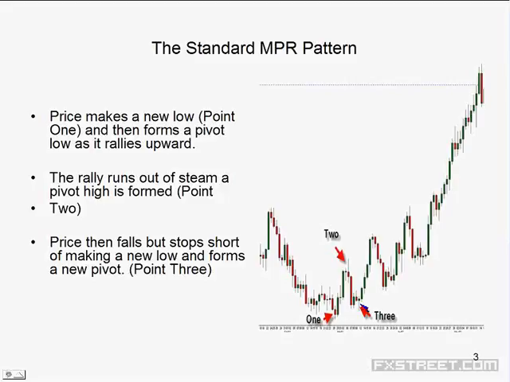I've not actually drawn all the numbers in here, but after number 3, price rallies up even further, takes out the preceding high, and it then forms point 4. Then it comes down to point 5, point 6, point 7. So this is a multi-point reversal with 7 points, and the entry point for me is immediately after the odd number. So it's going to come at point 3, or point 5, or indeed point 7.